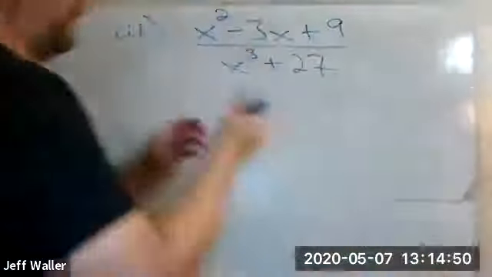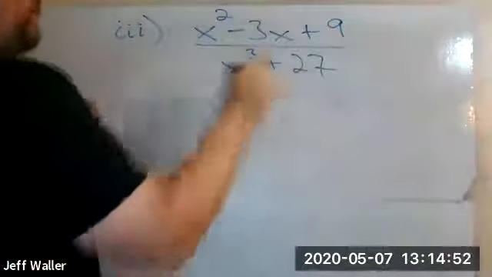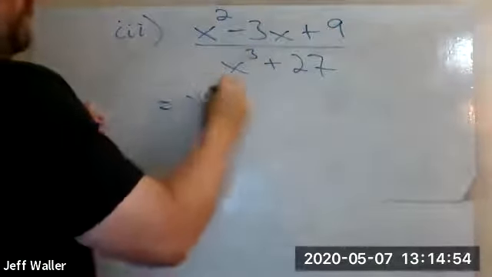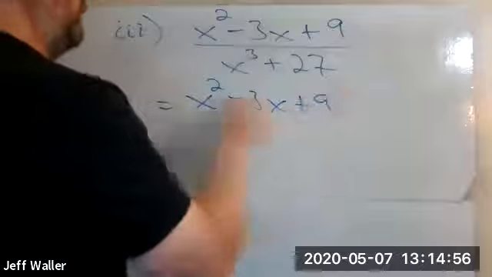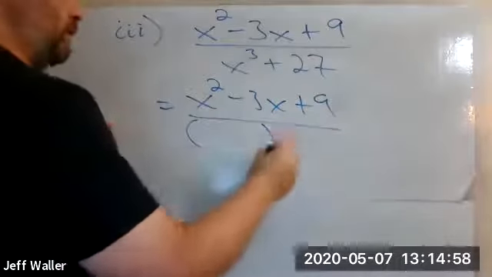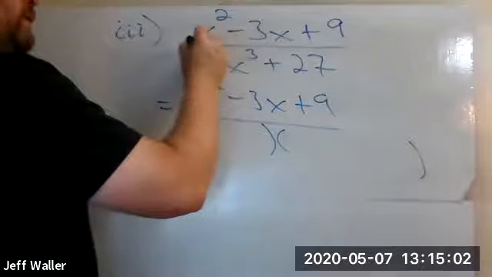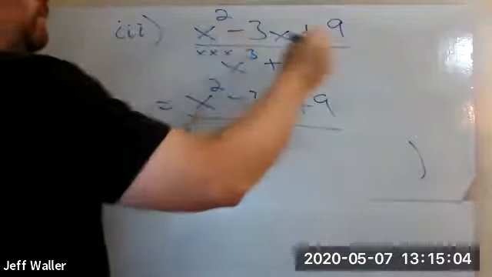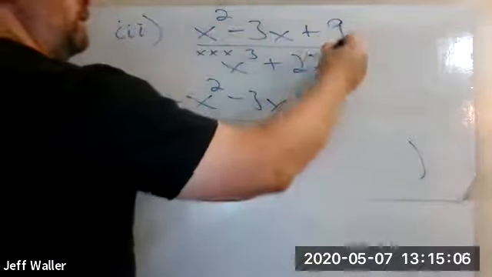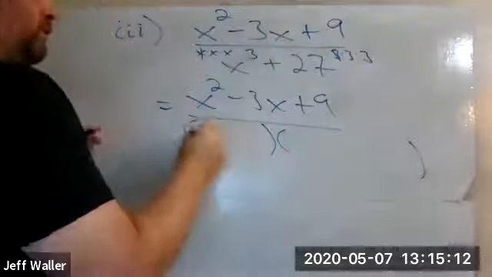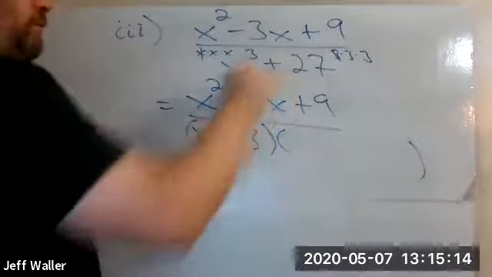So I'm going to focus all my attention on the bottom. I'm going to rewrite the top because it's not factorable. The bottom: little dude, big dude. X, x, x. 27 is 3, 3, 3. So I'm going to put one of each, and the little dude, same sign.